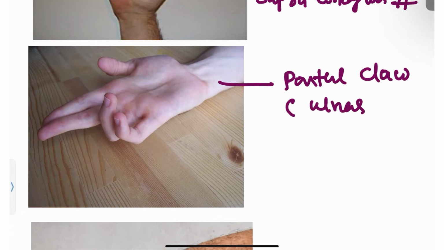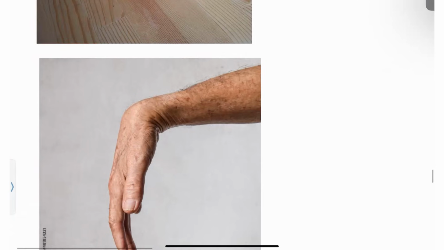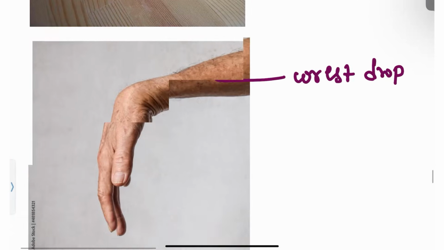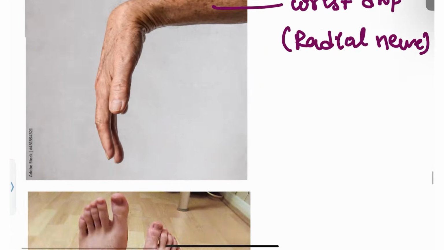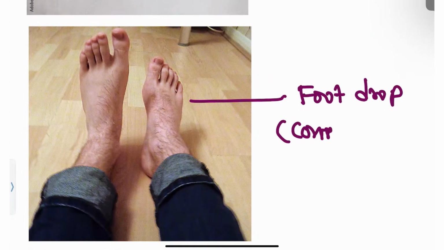Next, this is the wrist drop. And this wrist drop is seen in which condition, guys? Radial nerve palsy, right? Next, this is the foot drop. Foot drop is seen in patients with common peroneal nerve damage.